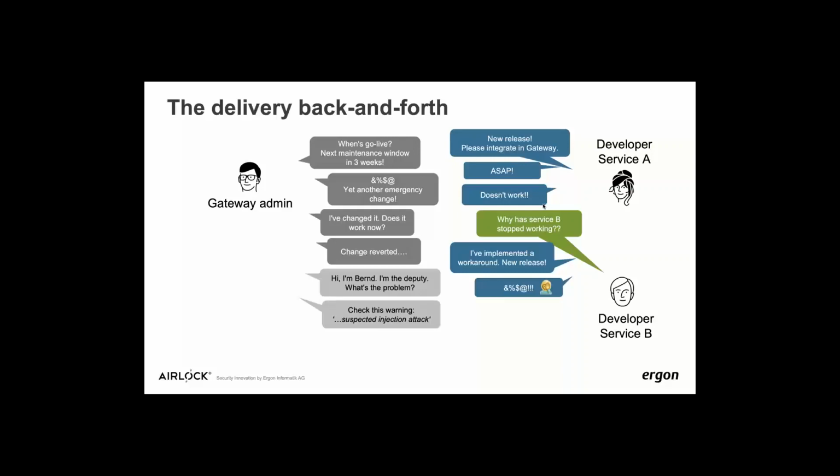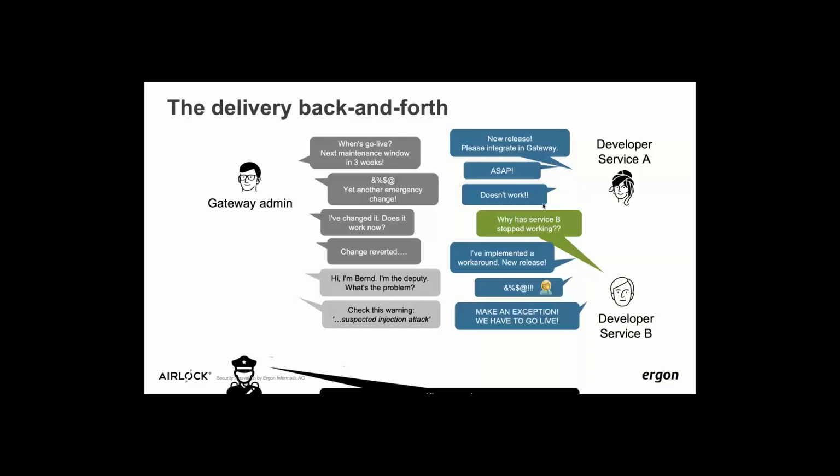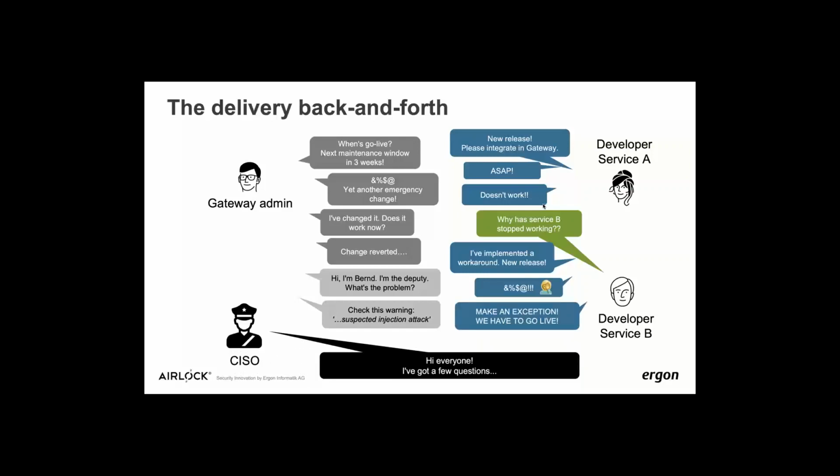So finally, there's also a warning in the log file talking about suspected attacks and complicated things. And the developer says, well, no, make an exception. We have to go live now. And that's a good point in time for the CISO to show up and actually have some questions.